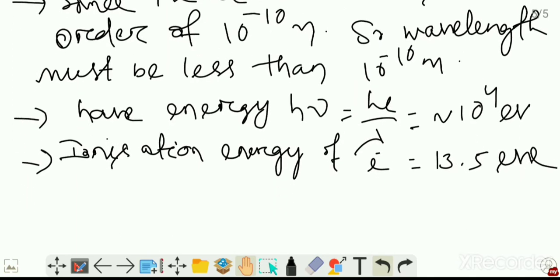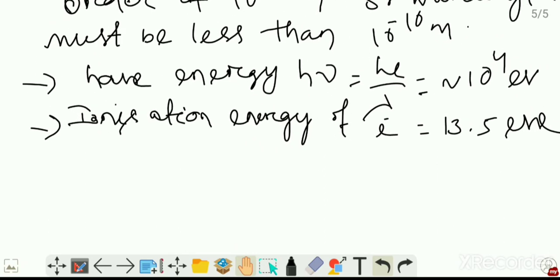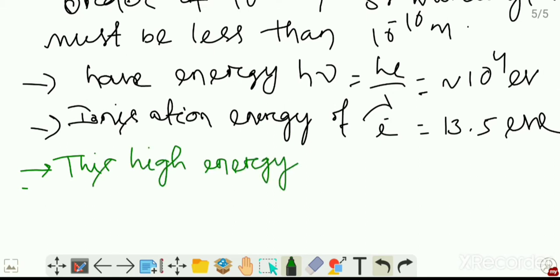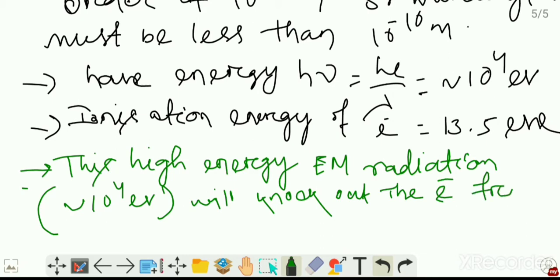So this high energy electromagnetic radiation, of the order of 10 to the power 4 electron volt, will completely knock out the electron from its orbit.